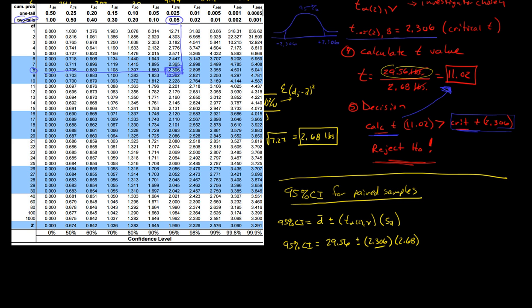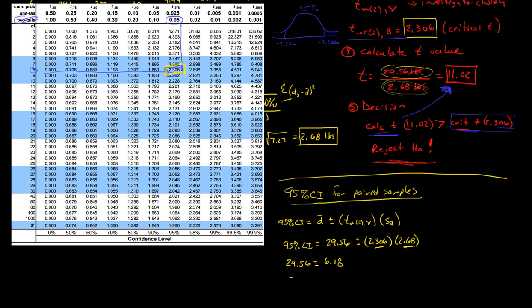The 2.306 was your critical t, again this value right here, and your 2.68 is this standard error of the mean difference piece, which was right here. Continuing to simplify, we get 29.56 plus or minus 6.18.